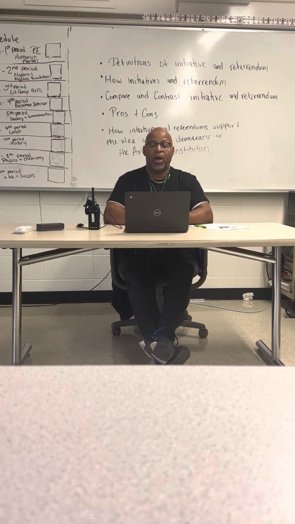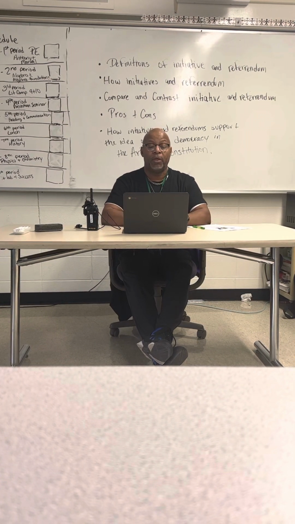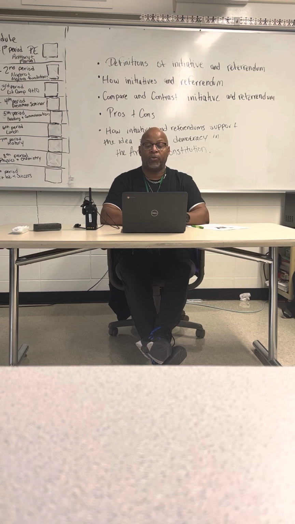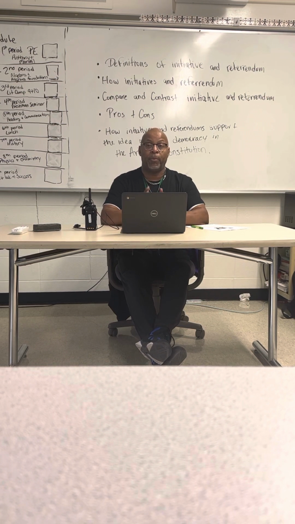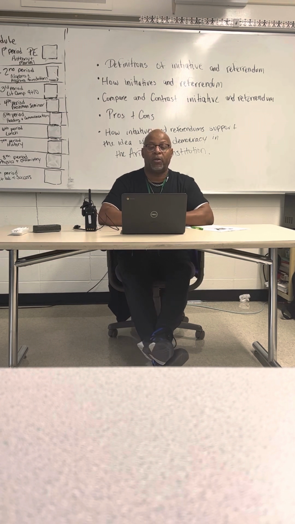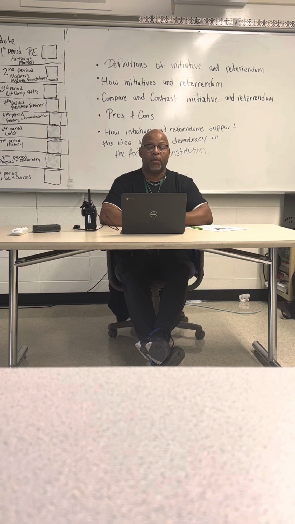This has to be put out where votes are collected through a yes or no vote. To get it passed, it has to get the majority of the votes from the voters. Remember, the majority.